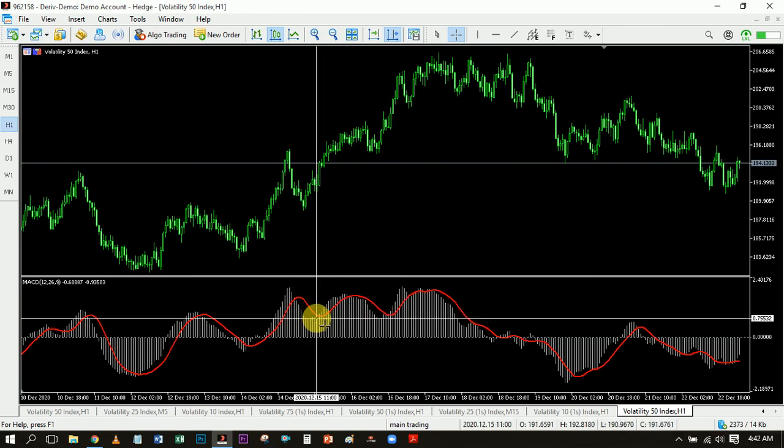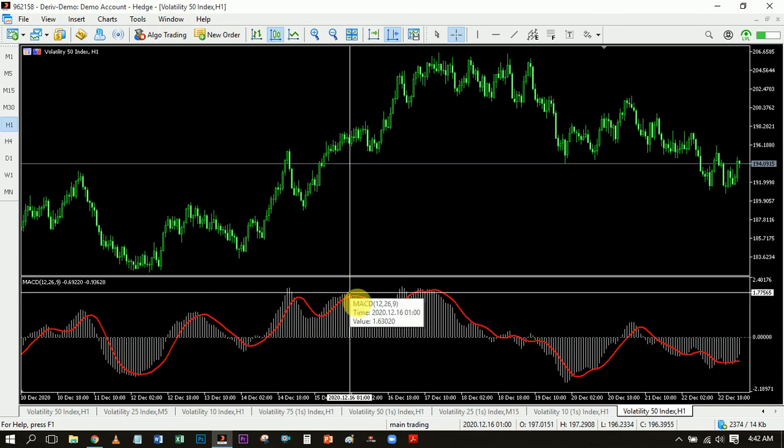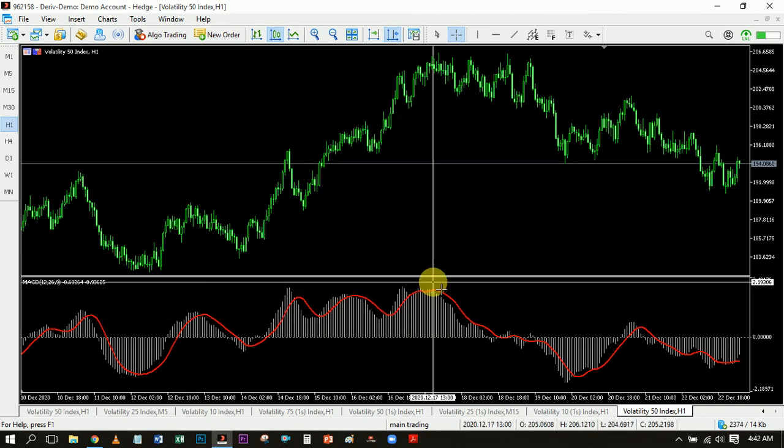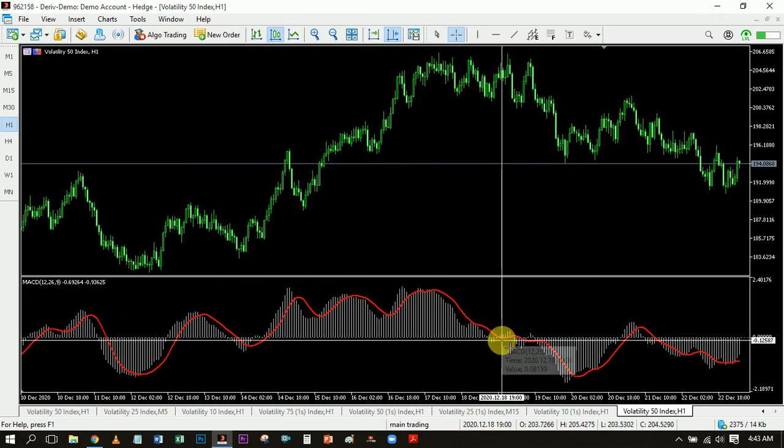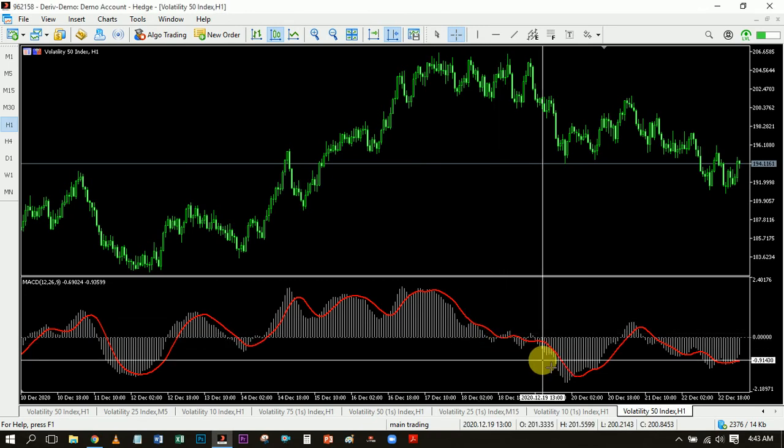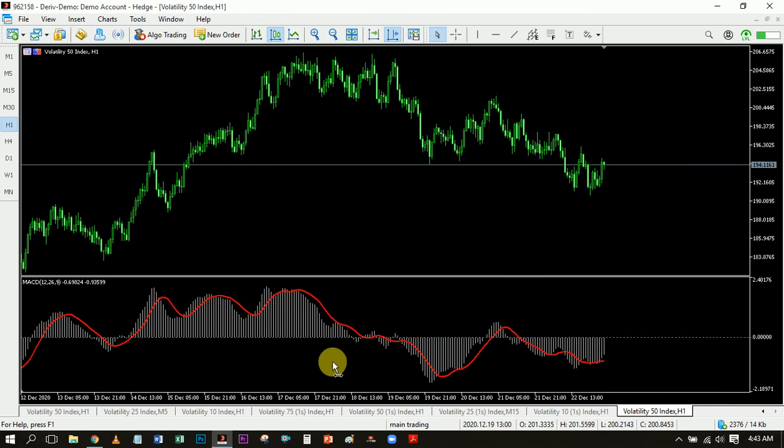There's a pullback, then push higher, then pull back, push higher again before now dropping. So now the moment you come here, you notice that the market went up, dropped to the lower, oversold level, then pushed higher again a bit.